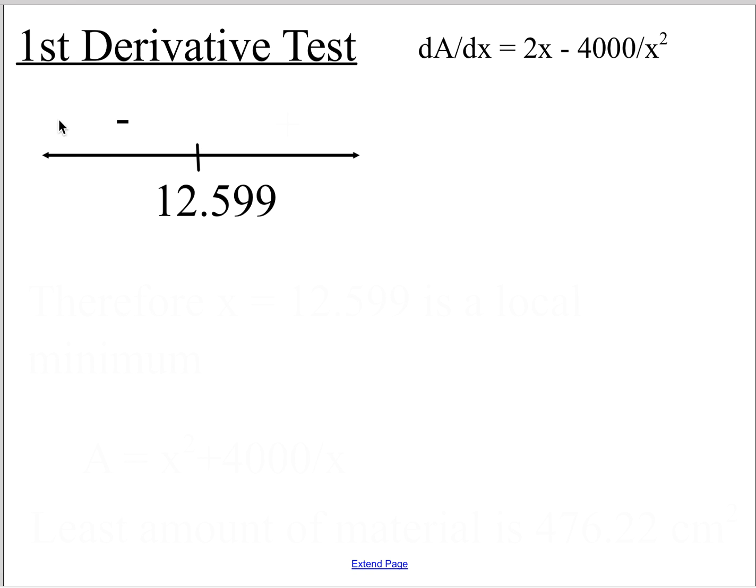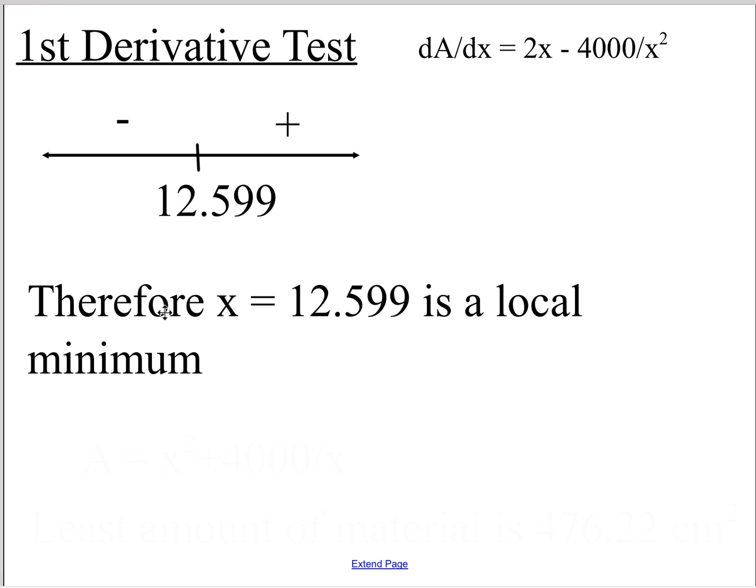Okay, so I know before 12.599 it is negative. Plug in a number like 15, for example. 2 times 15 is 30, minus 4,000 divided by 15 squared. I think that value would be like 30 minus 17 something. You get a positive value. Therefore, I have a negative and then a positive derivative, and that means my 12.599 is a local minimum.